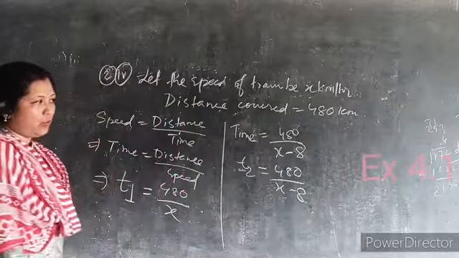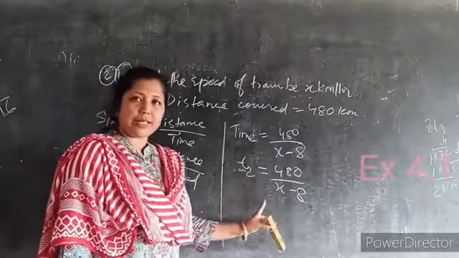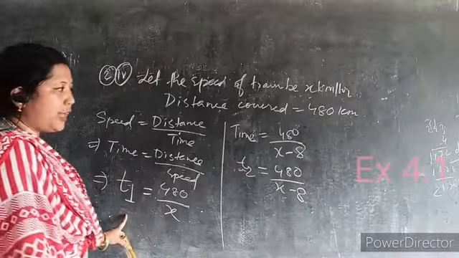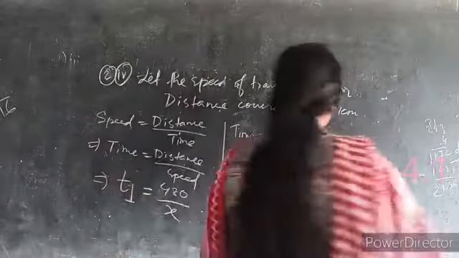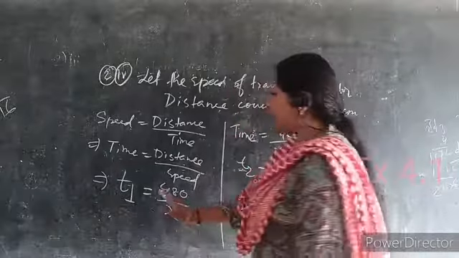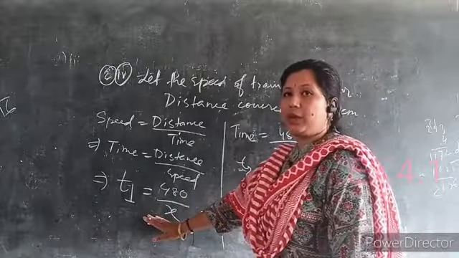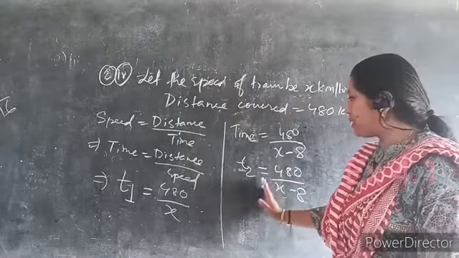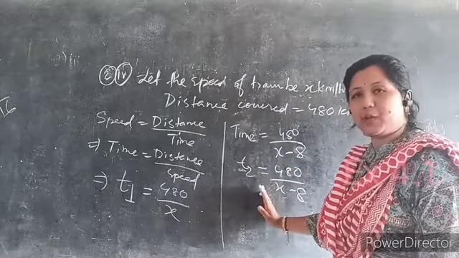Now, which one will take more time? This side will take more time. That means according to our equation, what can we write? Time taken by the first case will be less as compared to your second case. That means this part is taking 3 hours more.